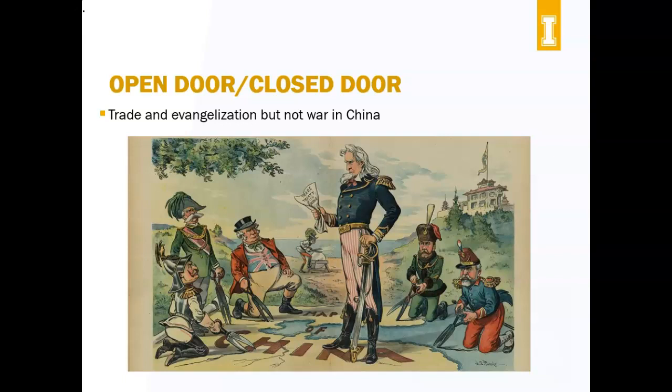There's a real belief on the part of Christian denominations in the United States that China is ripe for evangelization. And so these 2 groups in particular, merchants and evangelizers, are interested in getting access to China. But China at that time had an awful time dealing with European and Japanese influence.